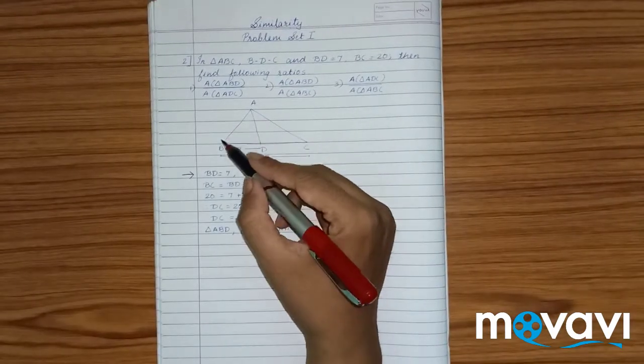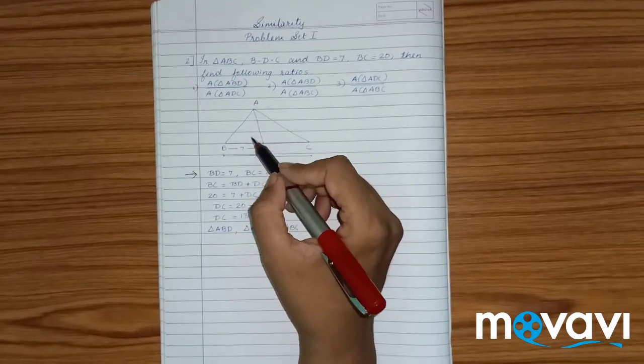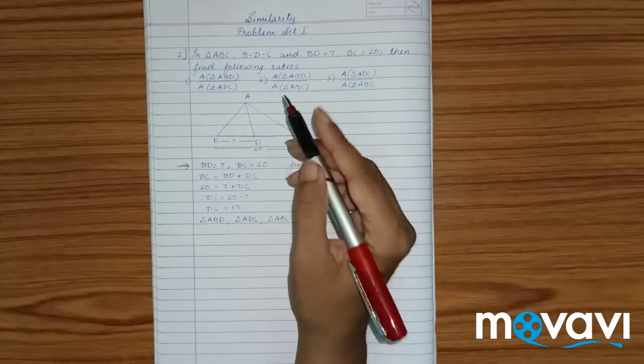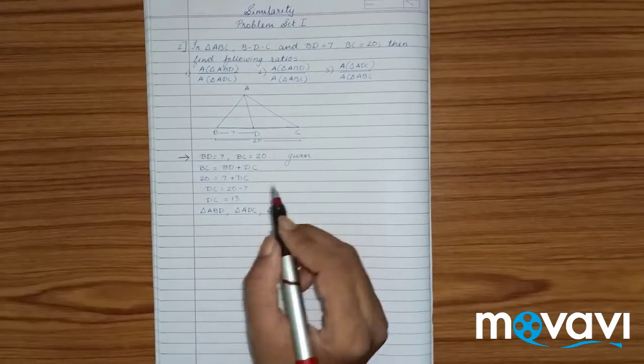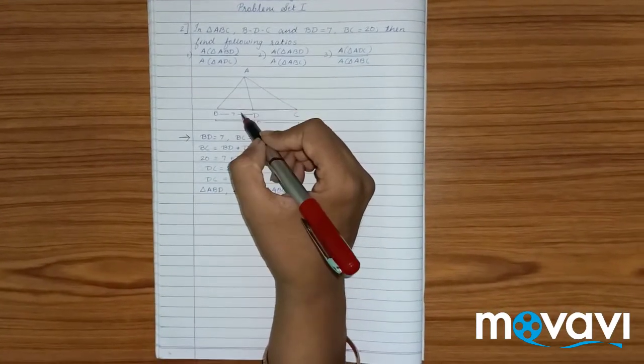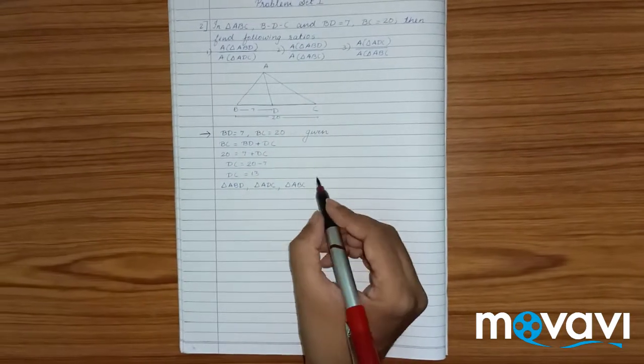Now, if I see this, they all have a common height. In the beginning of this chapter, we have already studied that if their heights are common, then the ratio of their areas is equal to the ratio of their corresponding bases.